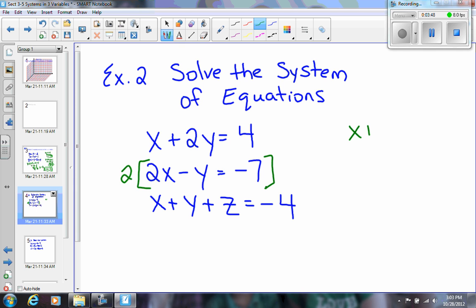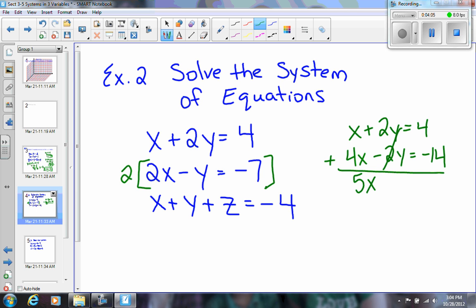So I'm leaving the first equation alone. The second equation will now become 4x minus 2y equals negative 14. And then I'm going to combine those 2 equations. So I have 5x, the y's drop out, equals negative 10, and x equals negative 2. So now I know x.